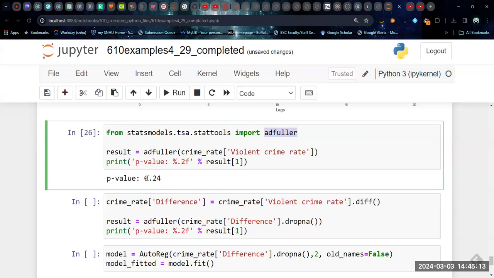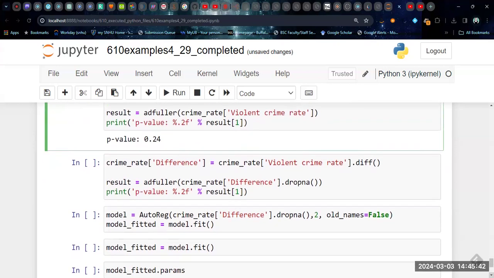Sometimes for autocorrelation models or other kinds of time series models, we're interested in knowing whether or not the data is random, whether it's stationary. So this is actually a hypothesis test that says whether it's stationary or not. In this case, the high p-value indicates that our data is in fact not stationary.